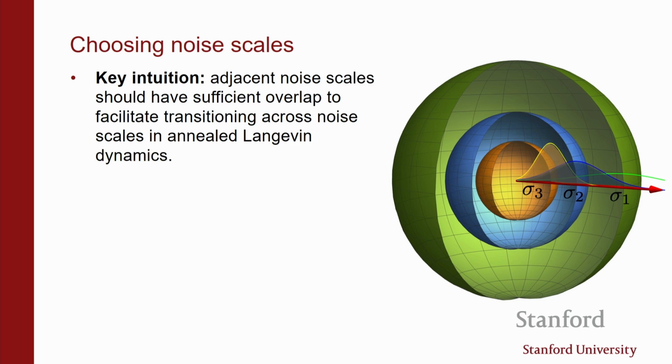Because if there is no overlap, so you have a drastic reduction in noise level, going from a lot of noise to very little noise, then after running your Langevin chain for the large amount of noise, you're not going to get a good initialization for the next noise level. But if there is a decent amount of overlap between these noise levels, then you might expect this annealed Langevin dynamics procedure to actually work pretty well.